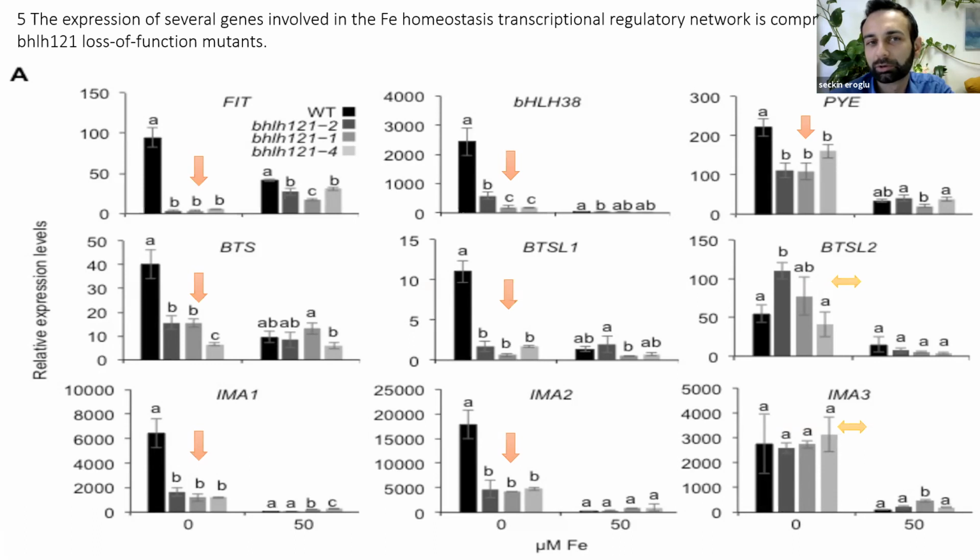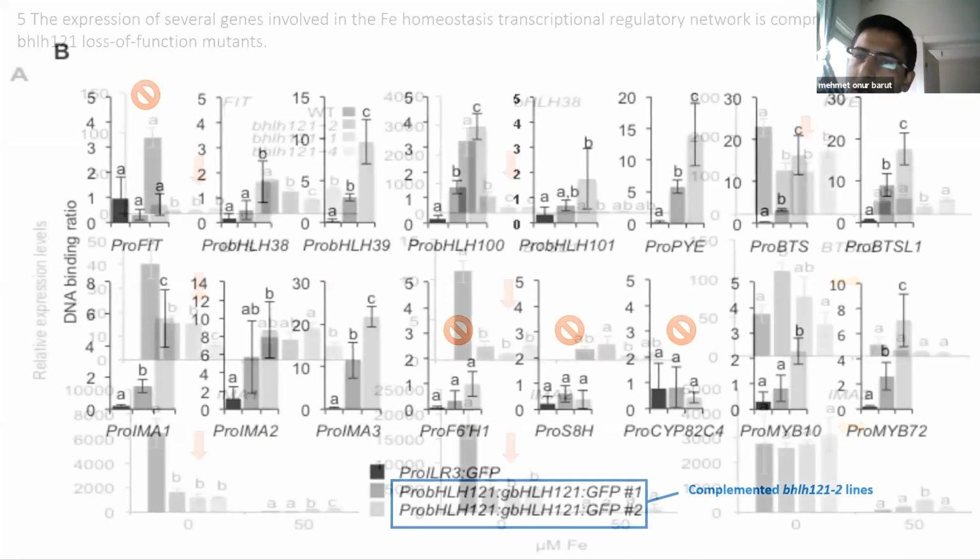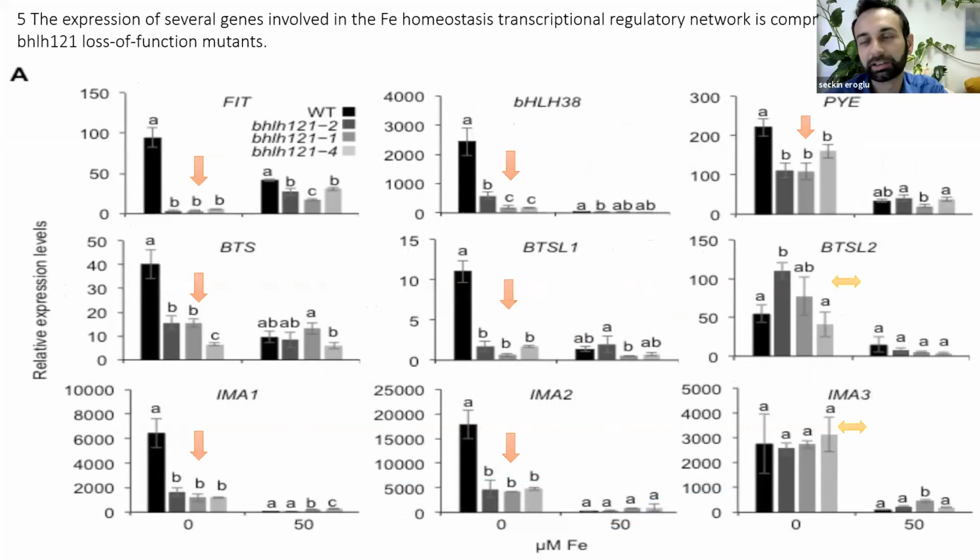So they want to show those regulatory things themselves are regulated by BHLH121, which means it's upstream of all those known regulatory genes. So it's the master regulator. For the others, right? For the other regulators.